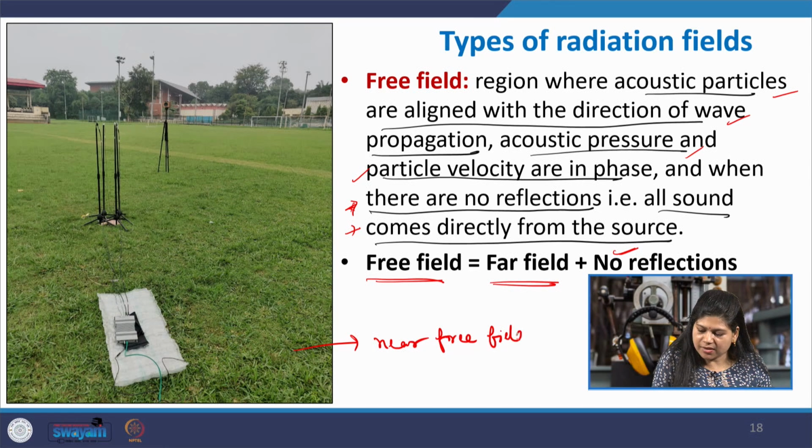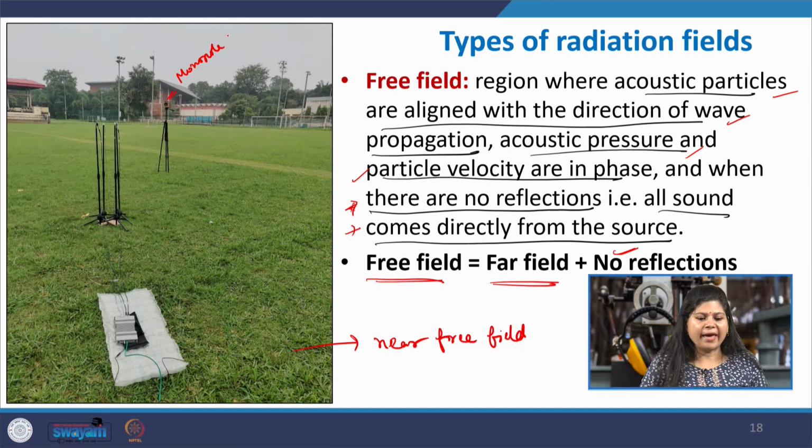This is a photograph from one of the research projects we did for sound source localization. It has been published in various journals which you can Google and read for yourself. Here we have an open football stadium where the nearest obstructing surface is many lambdas away from the source, and we have a box speaker acting like a monopole.